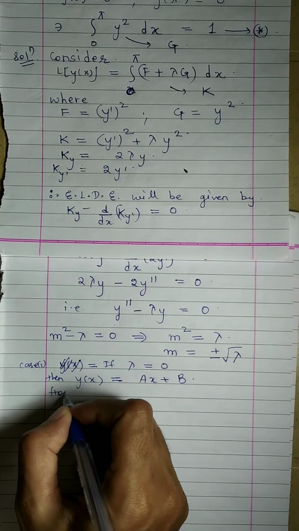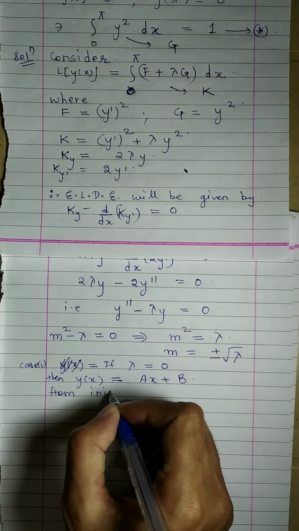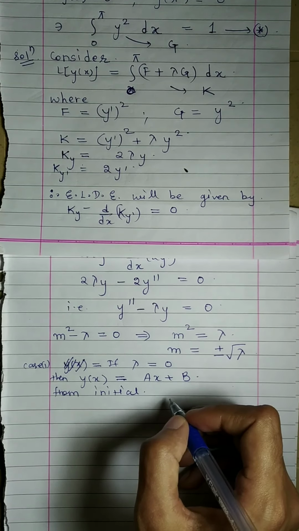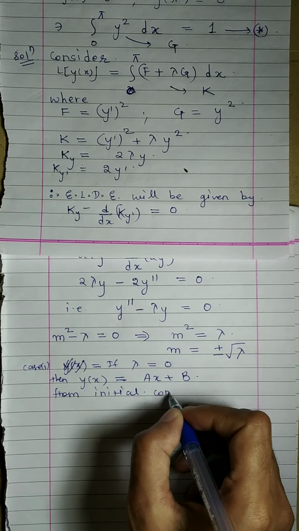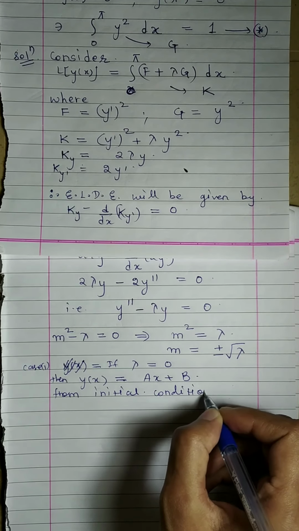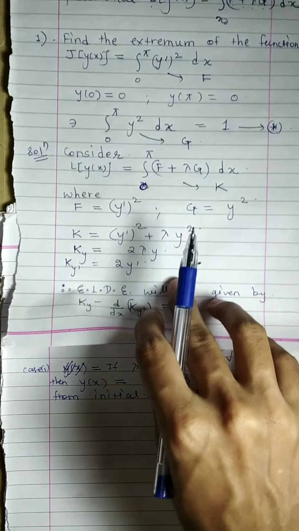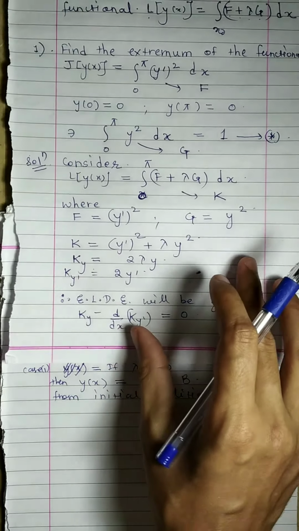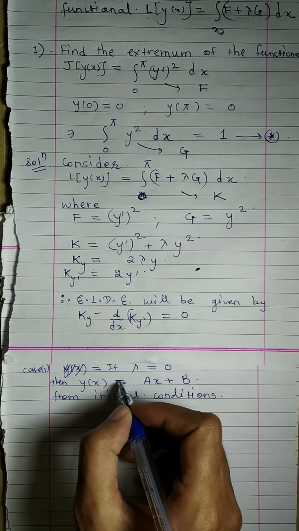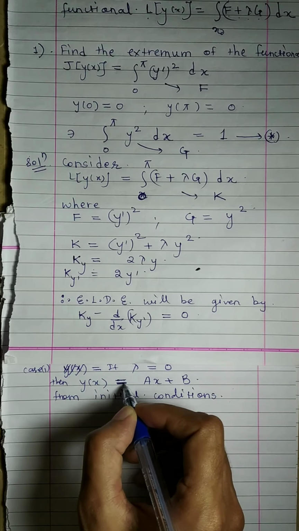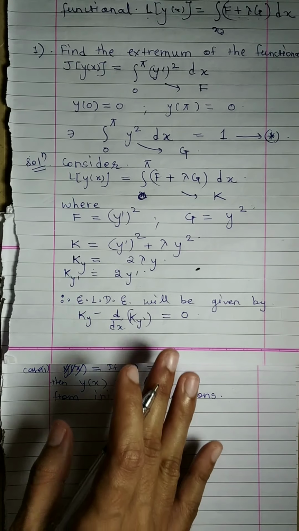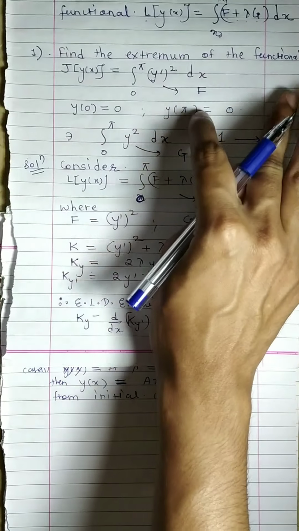Then from the initial conditions, what were the initial conditions? Whatever y of x is, it should be satisfying these conditions.